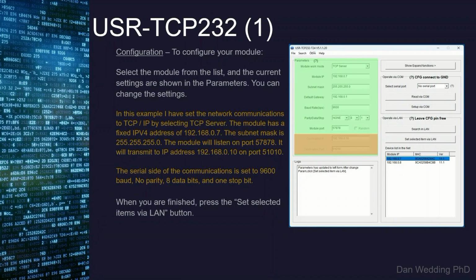It will transmit to IP address 192.168.0.10 on port 51010. The serial side of the communications is set to 9600 baud, no parity, 8 data bits, and 1 stop bit. When you are finished, press the Set Selected Items via LAN button.